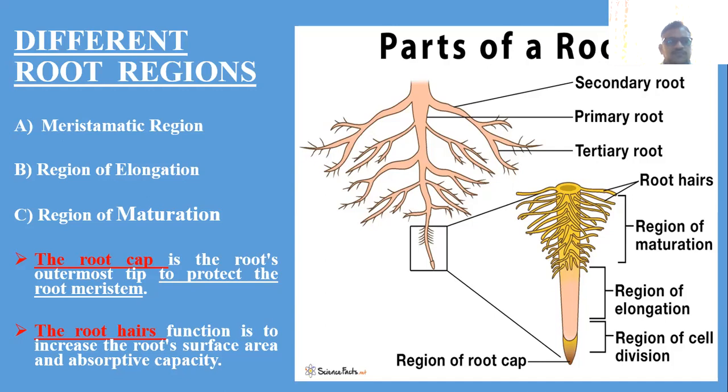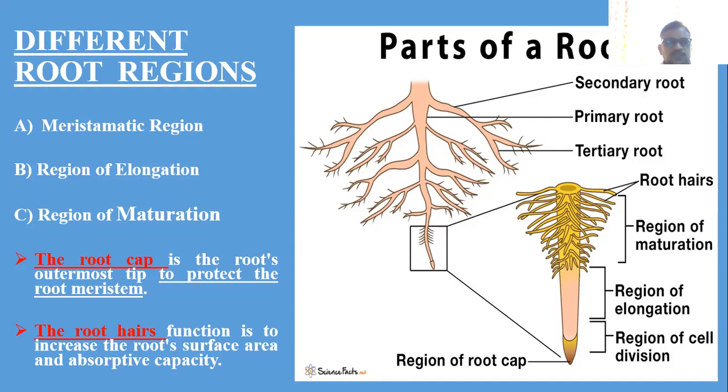The third region is the zone of maturation. This is the matured area, where the root hairs and particular systems are developed, and particular cells can be observed.